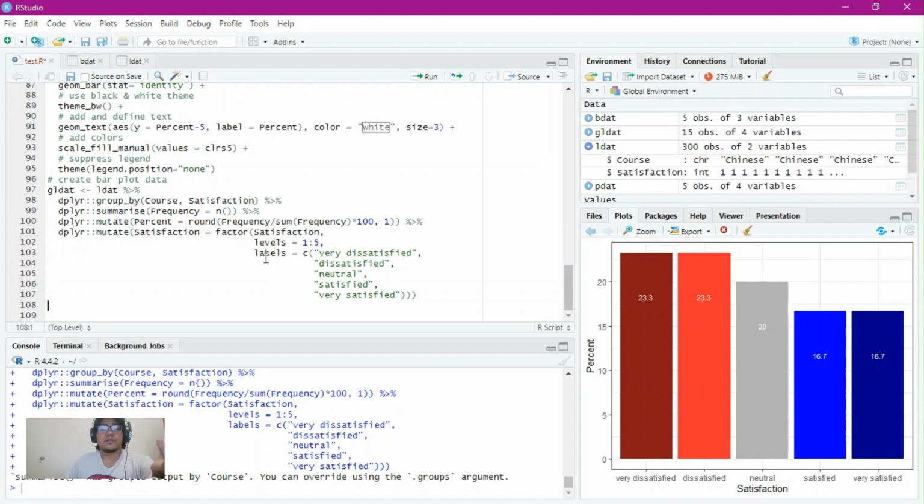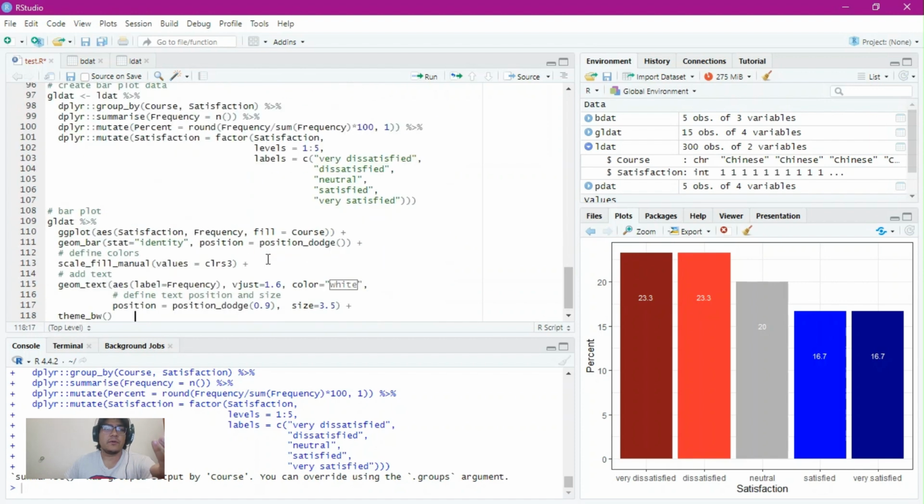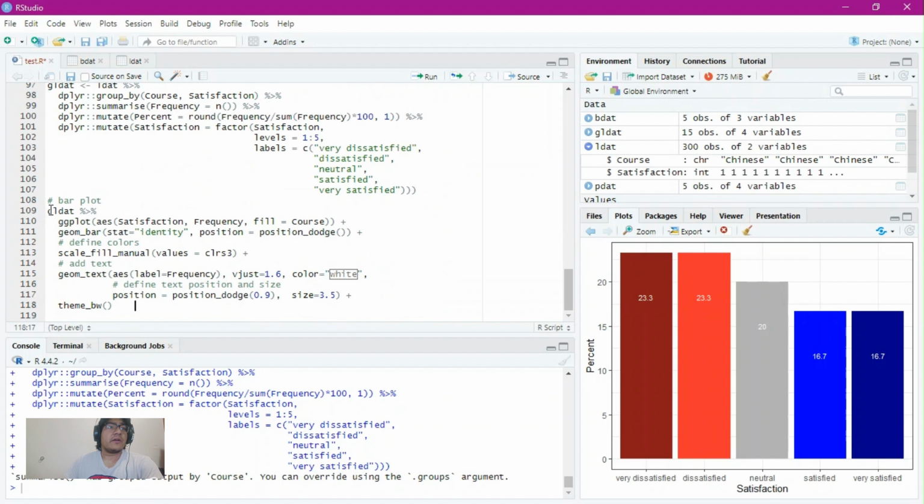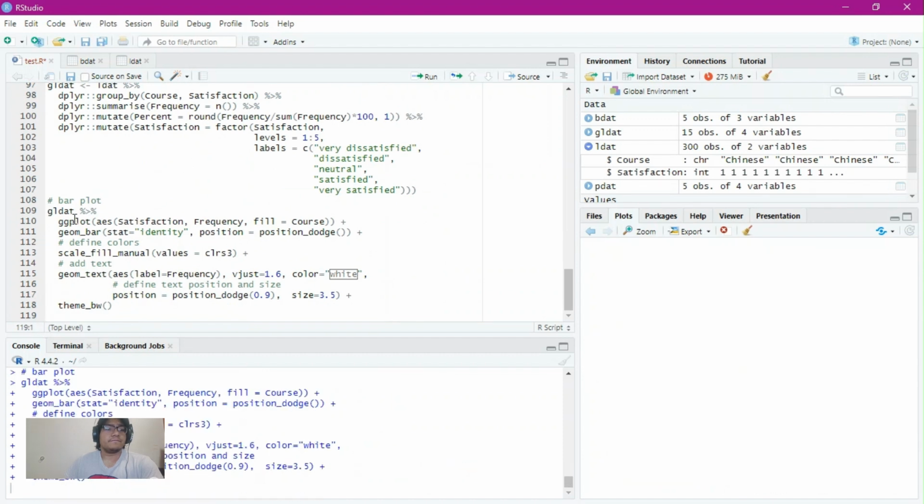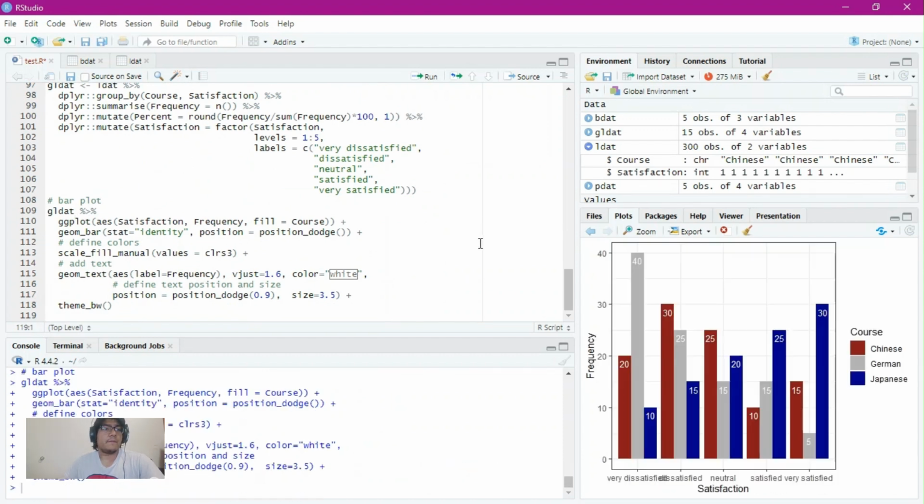We add some information to the table of data, and we create it with this code. And we have the level of satisfaction, the frequency, and the course: Chinese, German, and Japanese.